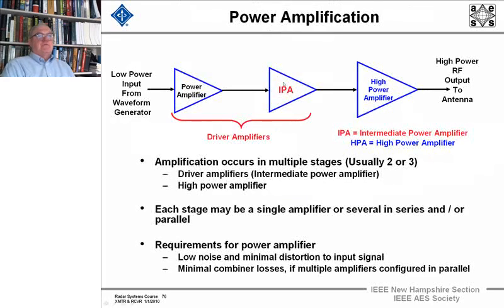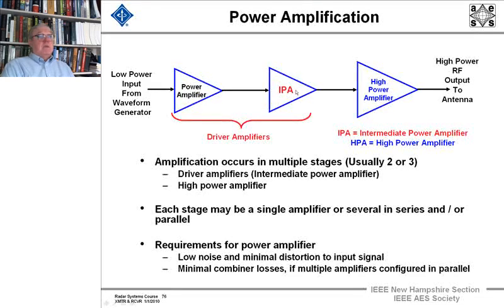Okay, for power amplification, the low power would come from a waveform generator, and then when I say in the transmitter, the driver amplifiers, I mean the power amplifier that would come out of the waveform generator may need one stage of power amplification.